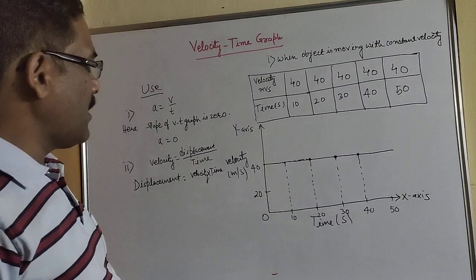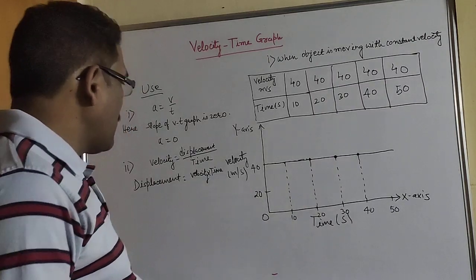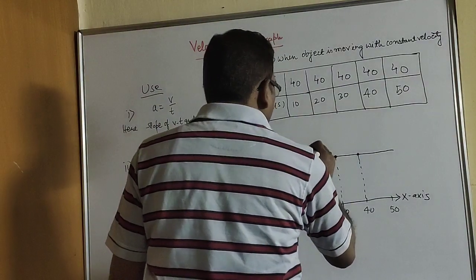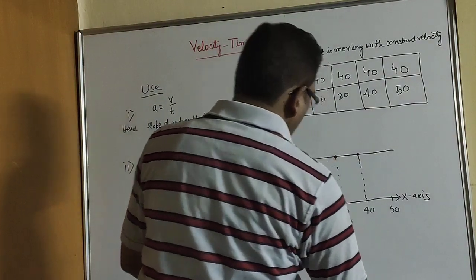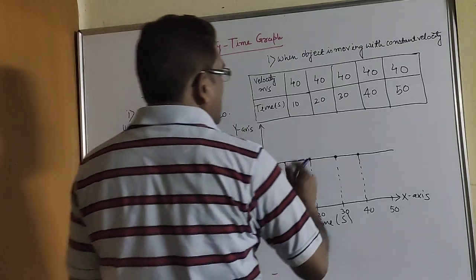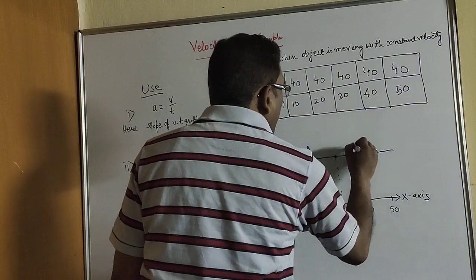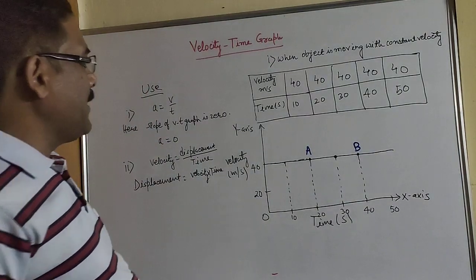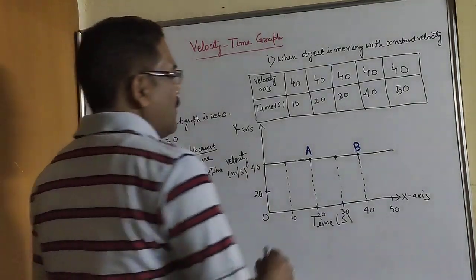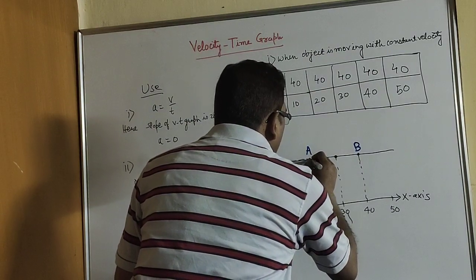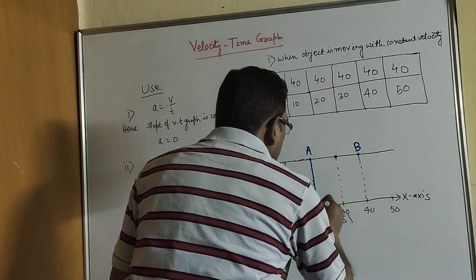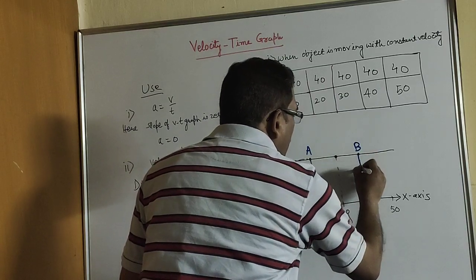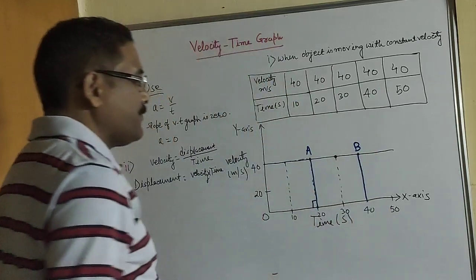Now suppose you have to calculate the magnitude of displacement between any 2 points. So I consider 2 points on the graph. Suppose this is point A and this is point B, and we draw a perpendicular on the x-axis from this line graph, and from B draw another perpendicular.